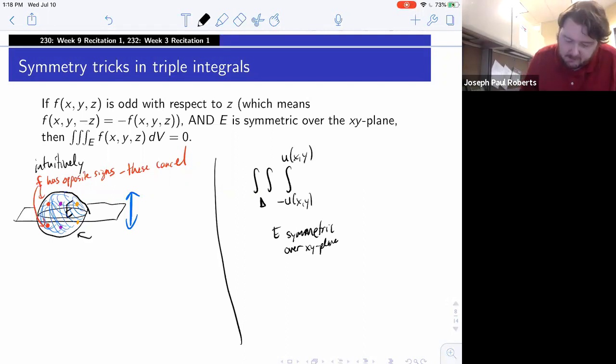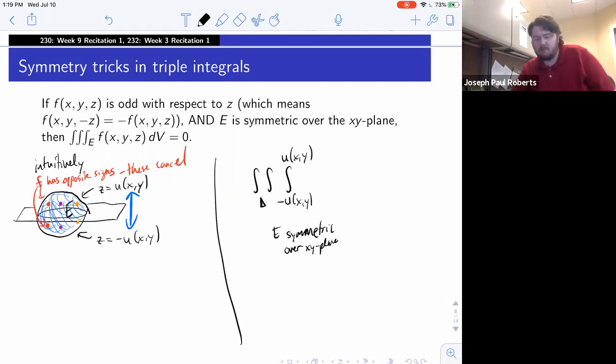So the symmetry in the region tells you that the bottom and top surfaces, the z equation is basically just plus minus itself. And then you have f of x, y, z, dz, dA.